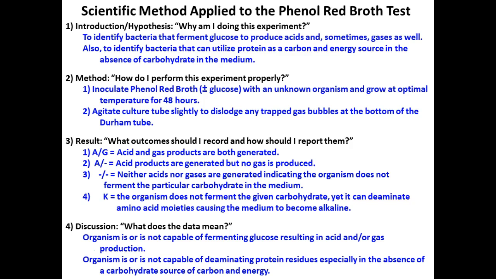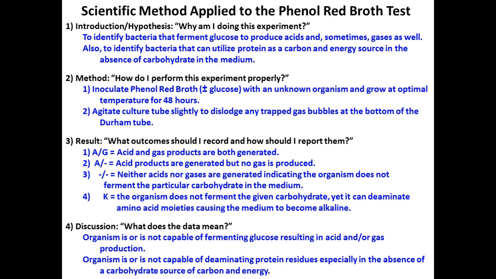So again, for these tests, I want to know that you know what happened, and how you know what happened for your organism. If it's a yellow tube, it fermented the sugar, it produced acids which lower the pH and turn it yellow. If it produced gas, you know that because you see a bubble of trapped gas in your Durham tube.